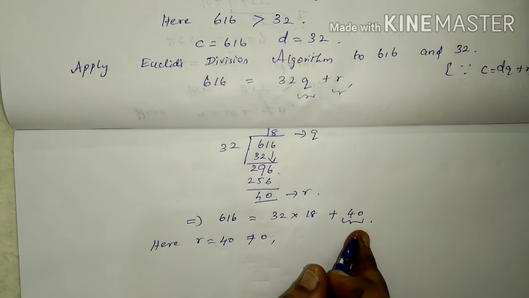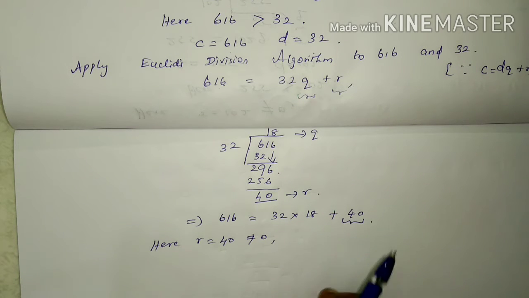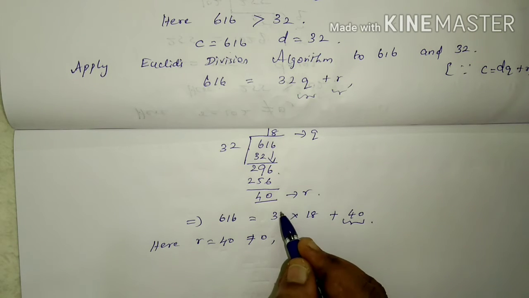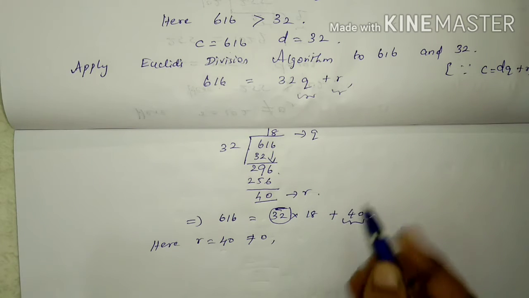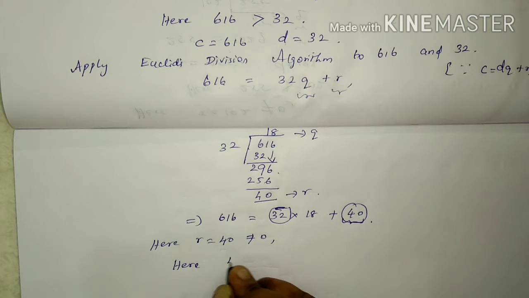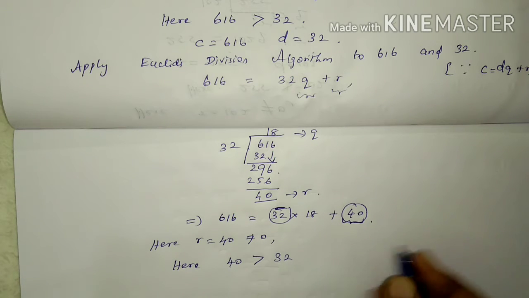If it were 0, we could stop the process, but since it is not equal to 0, we have to continue the process. That is, we apply Euclid's division algorithm again to the numbers 32 and 40.